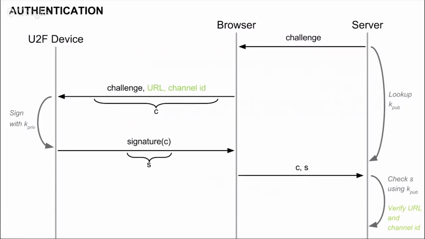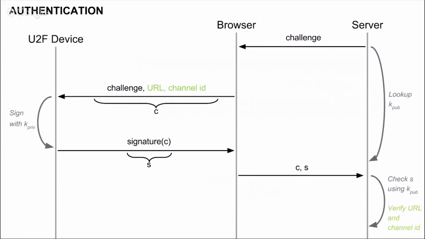So here's our previous challenge response protocol for authentication. The green stuff is the new stuff that we've added. So the server still sends its challenge to the browser. The browser now, instead of just forwarding the challenge, takes a look at the page and adds information about the URL that we're on and the channel ID. And that message, called C here, is what gets sent to the U2F device and is signed by the private key.